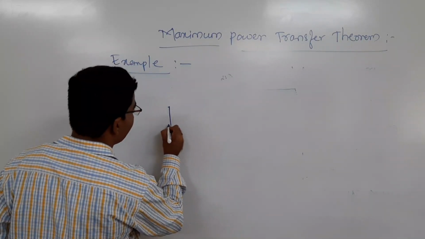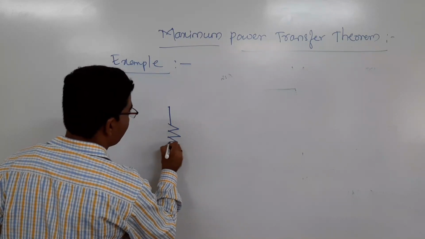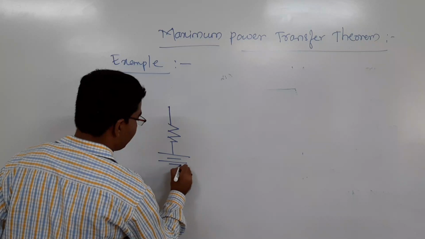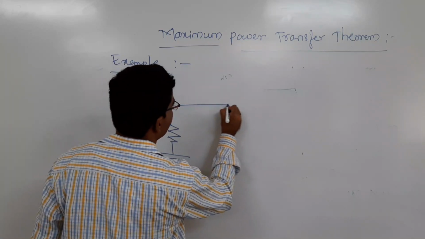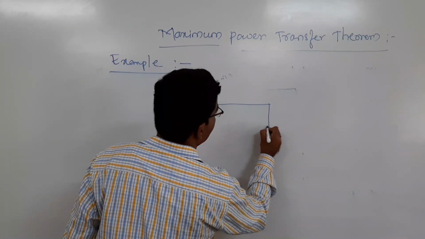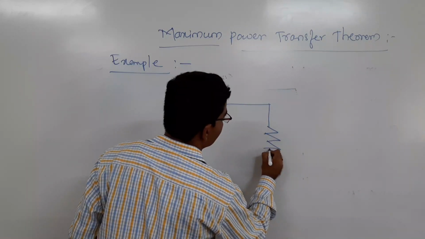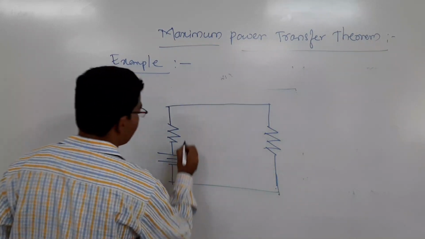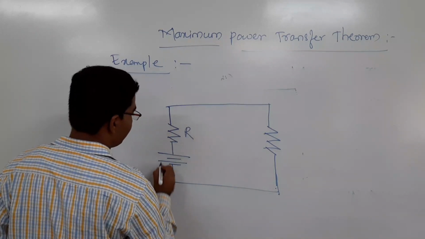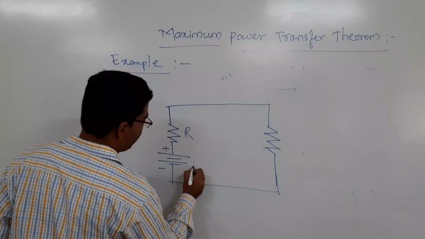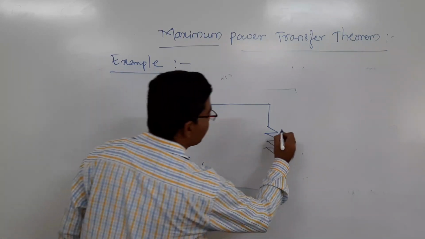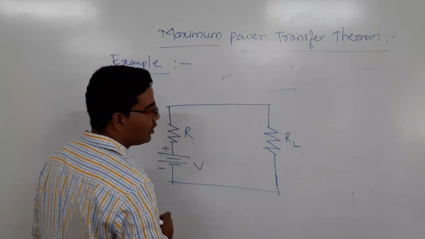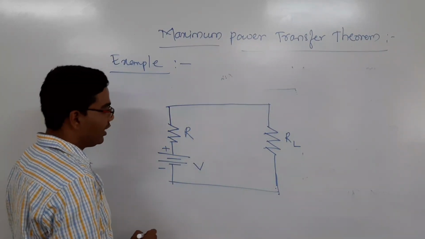If I simply draw this circuit, it will be simplified like this. This is the resistance R, this is the voltage V, and this is the load resistance RL.